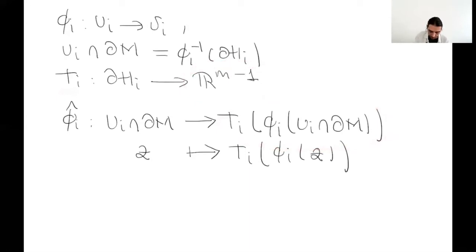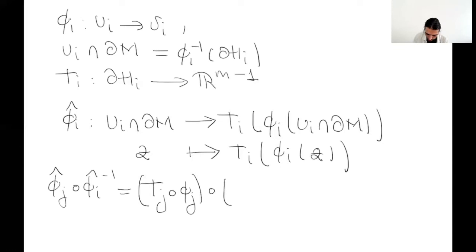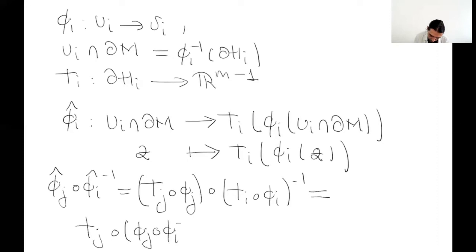Okay? Now, if we consider the corresponding change of coordinates between these induced maps by phi sub i and phi sub j, what we're going to have is that we are just considering the composition of these maps. And this is going to be like this.